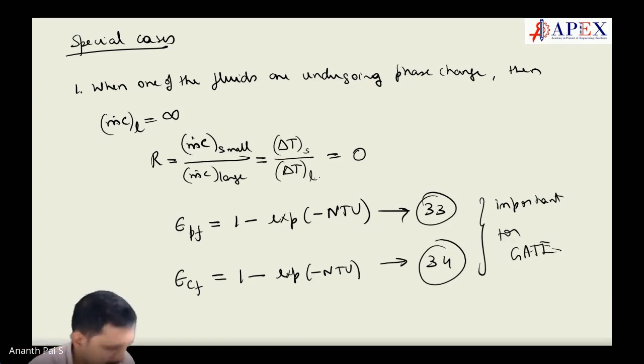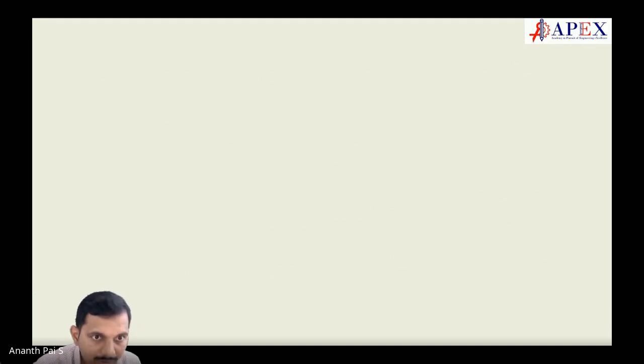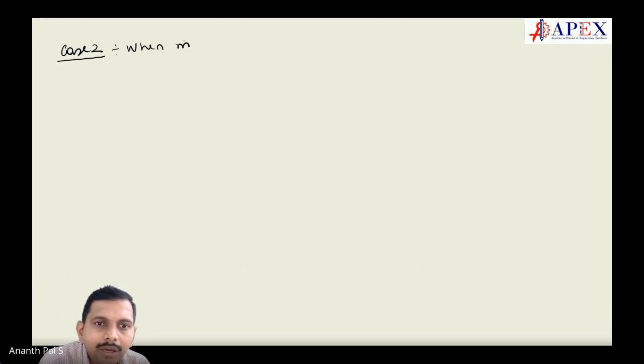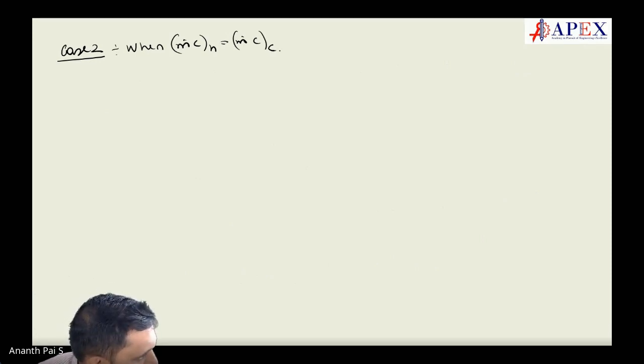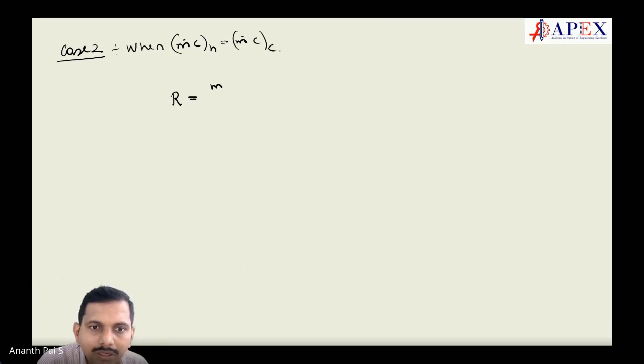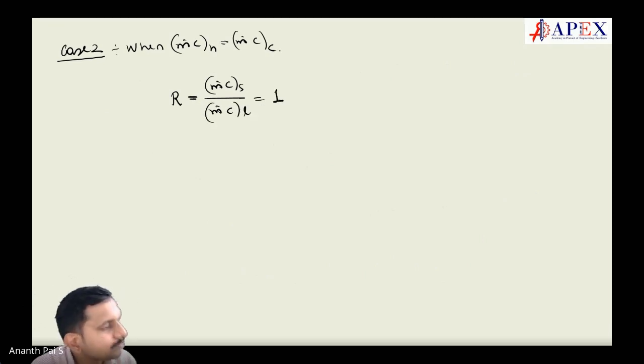Done? Second case. Case 2: when m dot c h is equal to m dot c c, then R becomes equal to m dot c small by m dot c large, which is equal to 1, whatever be the case.